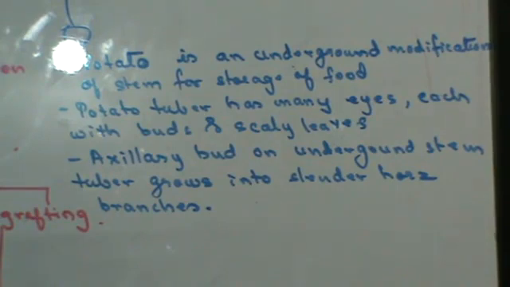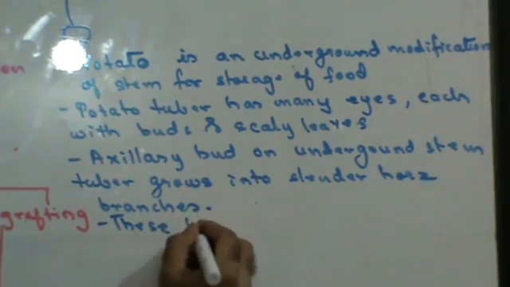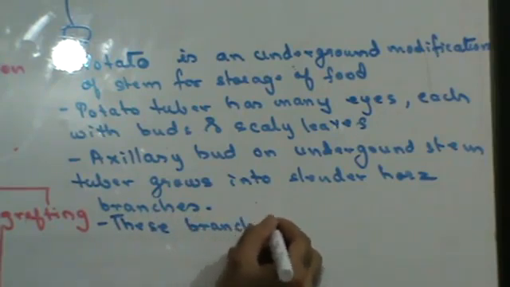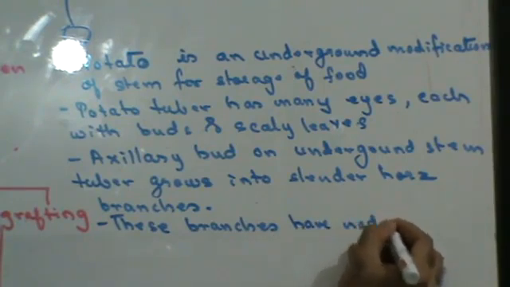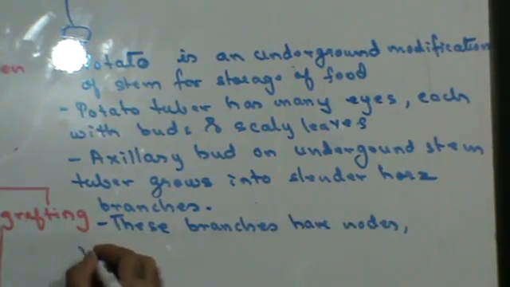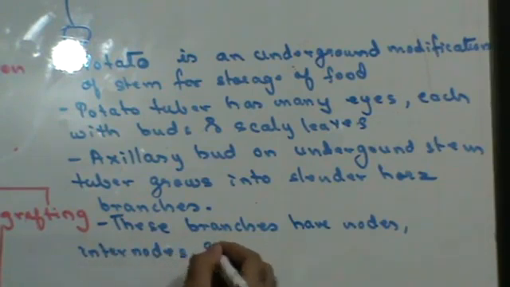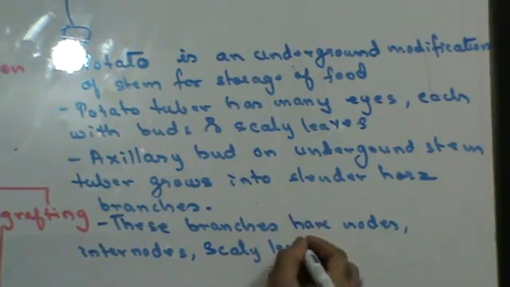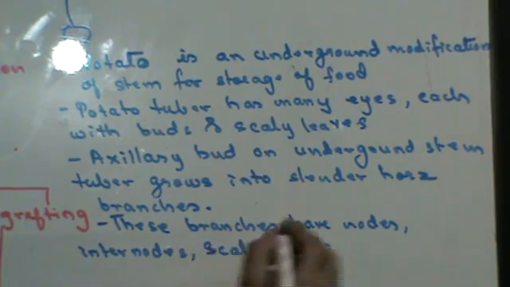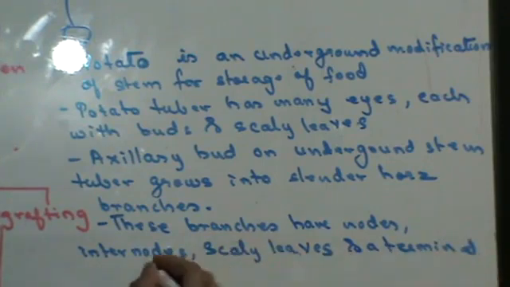Now these branches have nodes, internodes, scaly leaves, and a terminal bud.